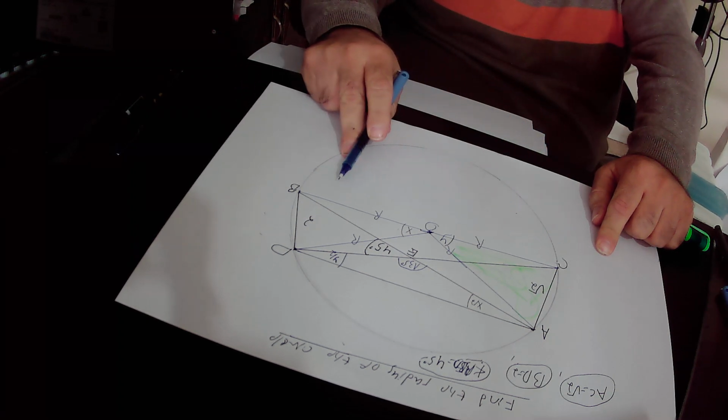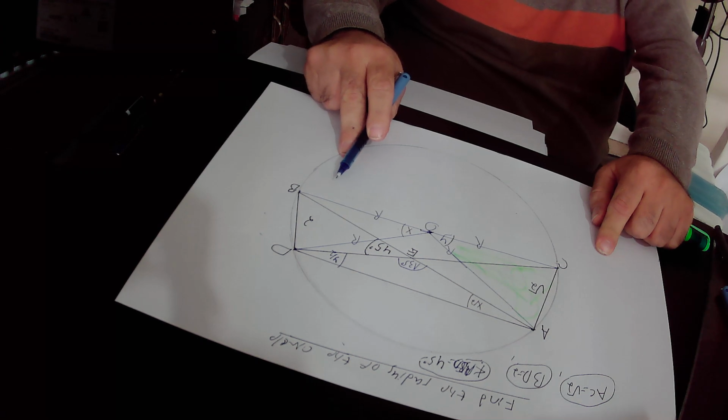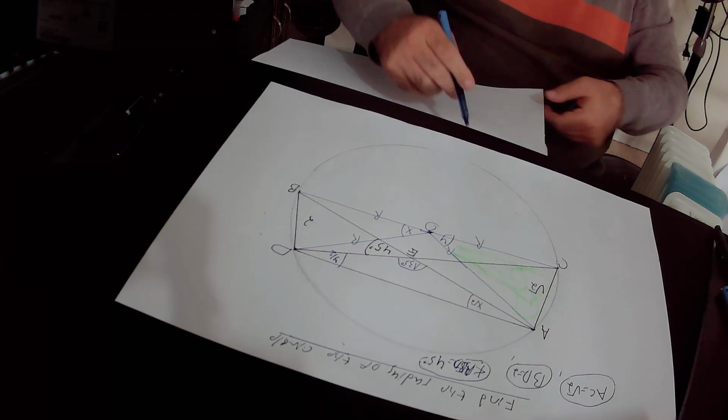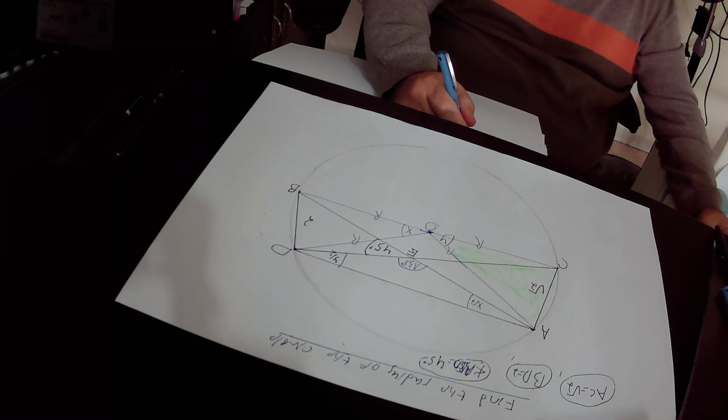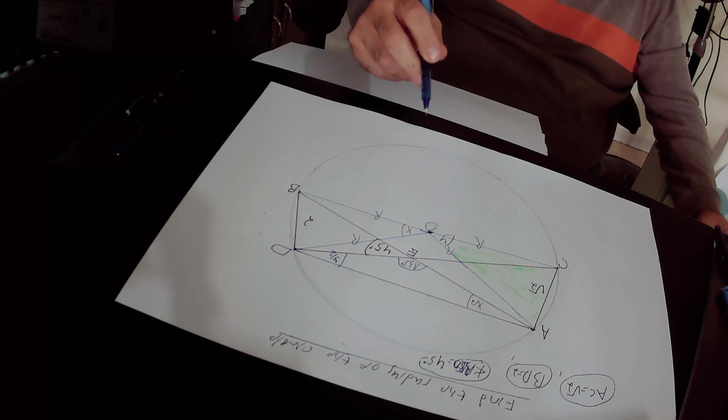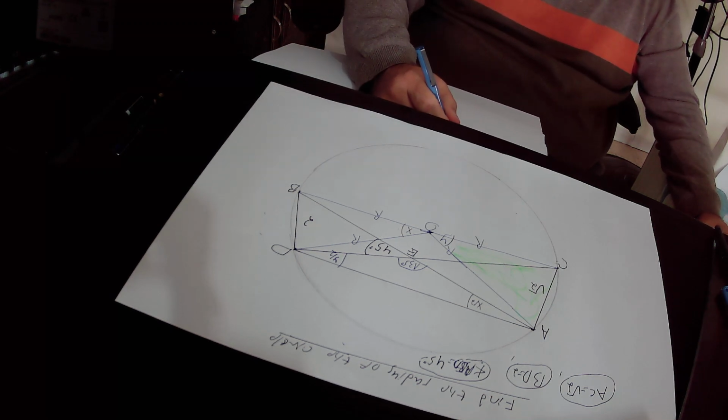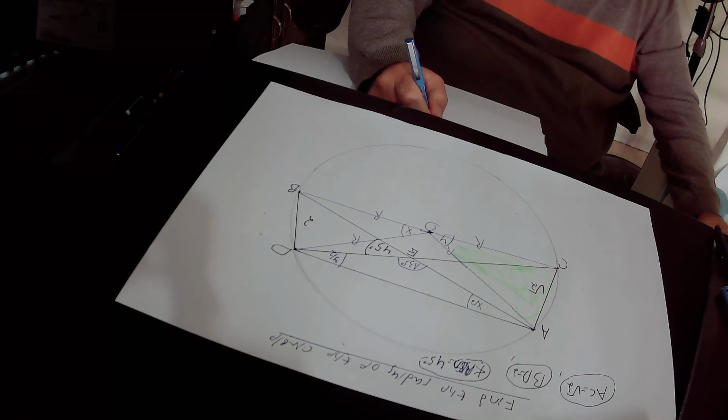The diameter of the circle is 2 times the radius. So 2 times the radius, capital R, is greater than DB, because DB is not the diameter, therefore it must be shorter than the diameter.